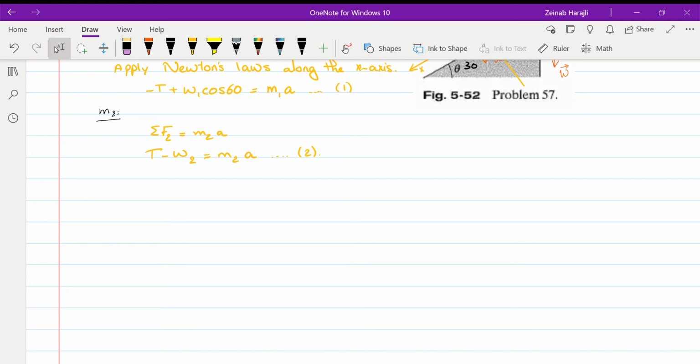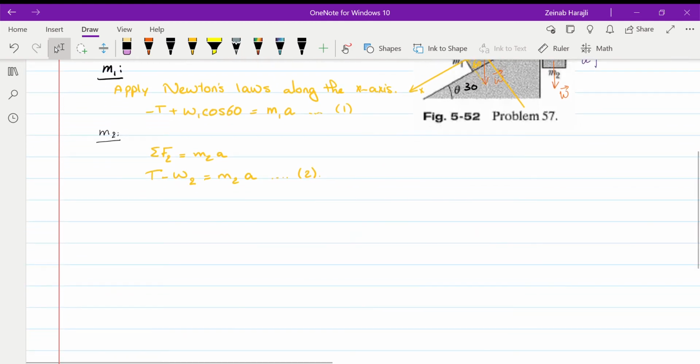So if we solve these two equations, let's start by substituting the tension from equation 2 into equation 1.